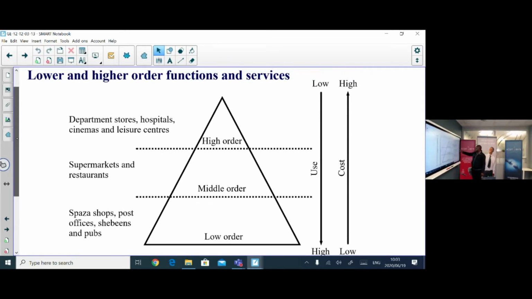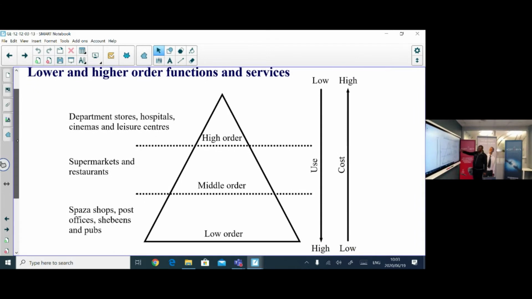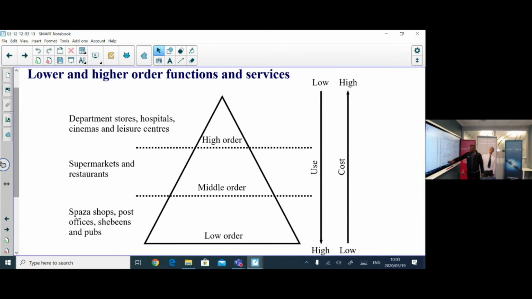We talked about the low order, that we have got the areas of the cities which are the low order. When we talk of low order, we are talking of something that many people can access, something of a simple nature, like spaza shops, post offices, shops, and pubs.